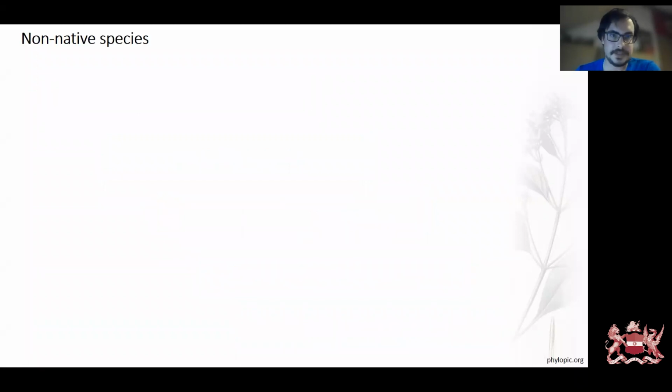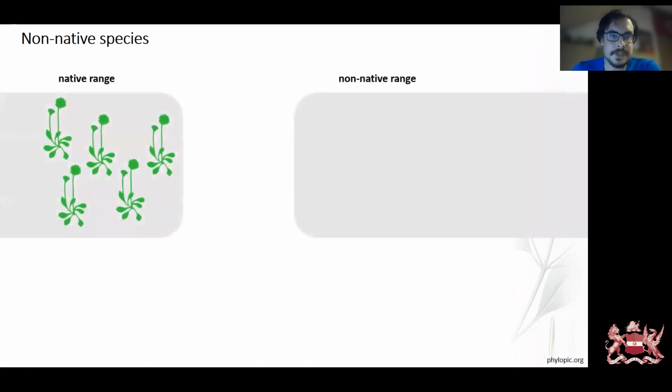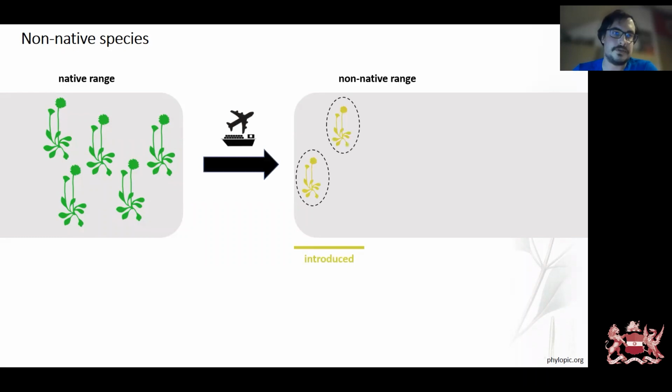So to get this started, briefly on terminology, I guess most of you are familiar with this anyways, given your interest in plants and botany. So if we're talking about non-native species, we have a species here in green in the native range, and this species can be transported to its so-called non-native range, so outside its natural distribution area, native range, and this generally is done through human agency, and the species then appears in this non-native range.